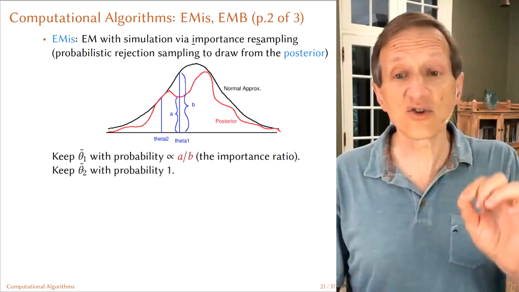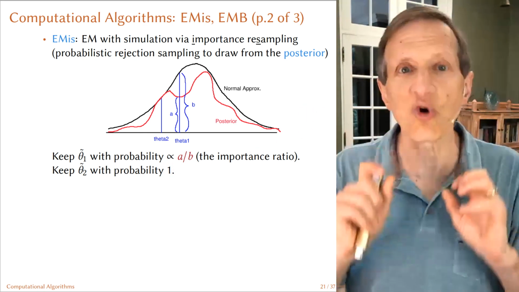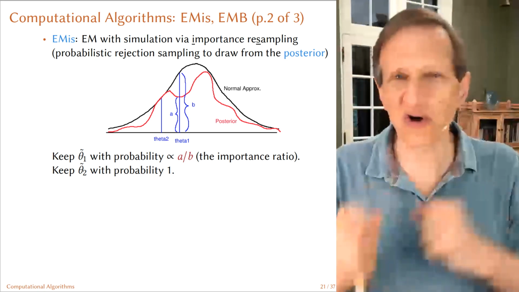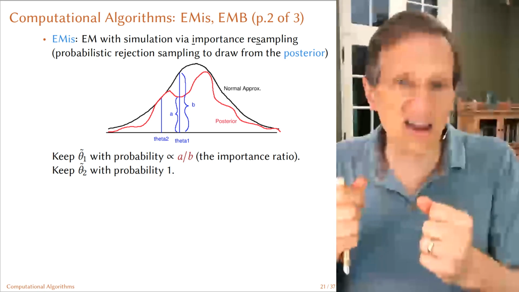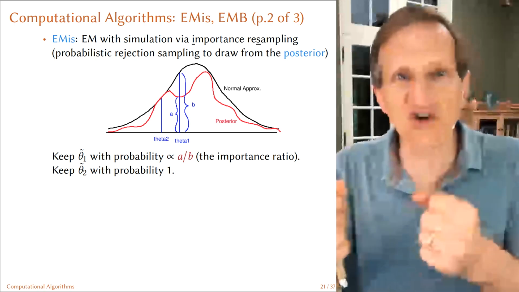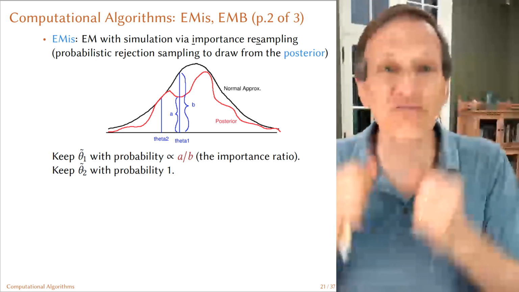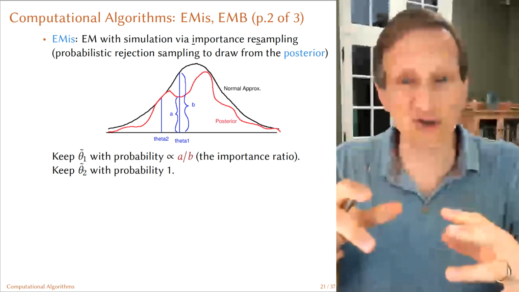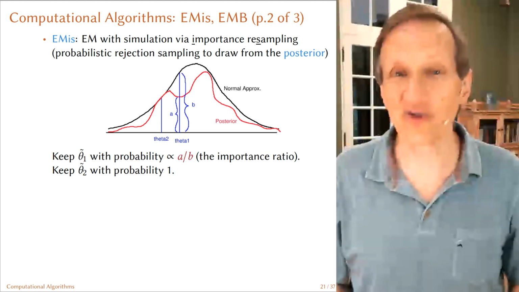We're going to randomly draw from the normal distribution, and then decide whether to keep that draw or not. We're going to keep them with probability equal to the ratio between the true distribution and the approximating normal distribution.